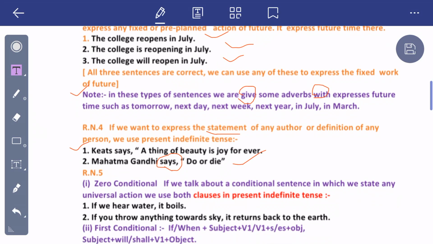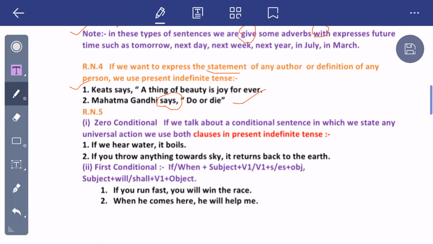Now let us move on towards rule number 5. What does rule number 5 say? Rule number 5 is related to conditionals. If we talk about a conditional sentence in which we state any universal action, we use both clauses in present indefinite tense. It is very important. This is the zero conditional.